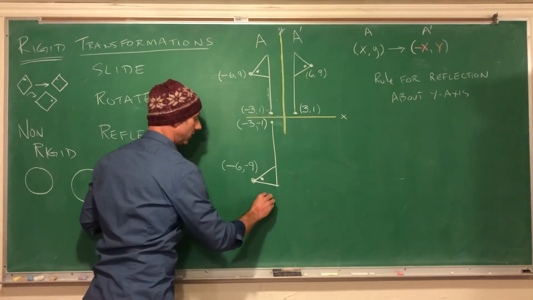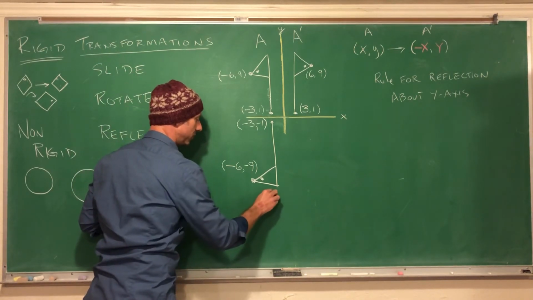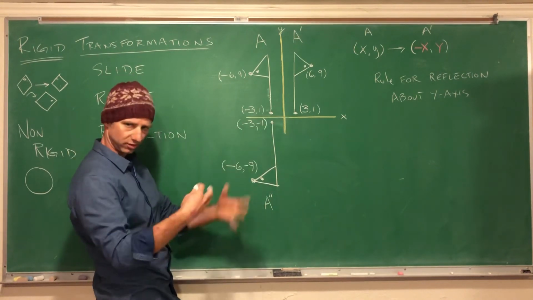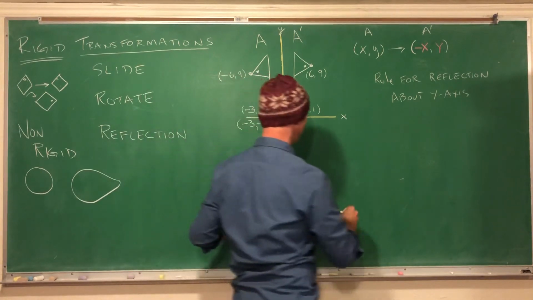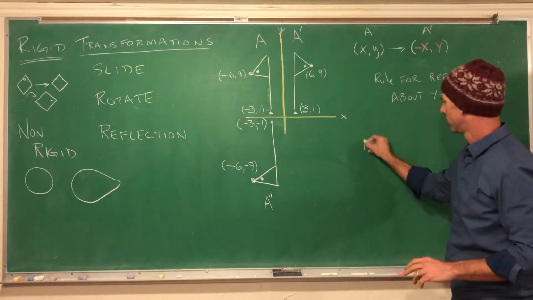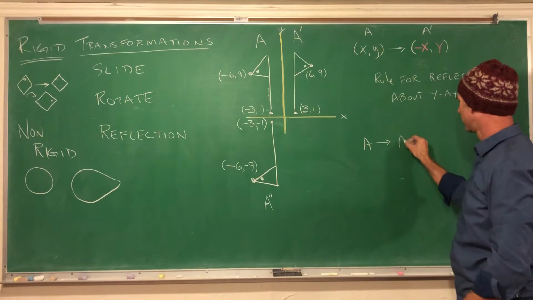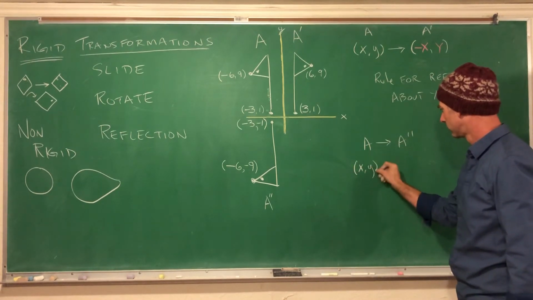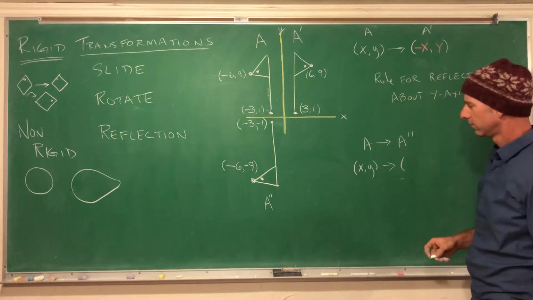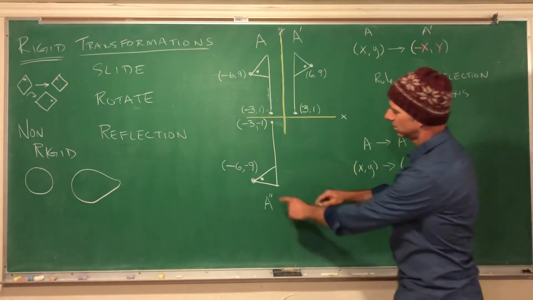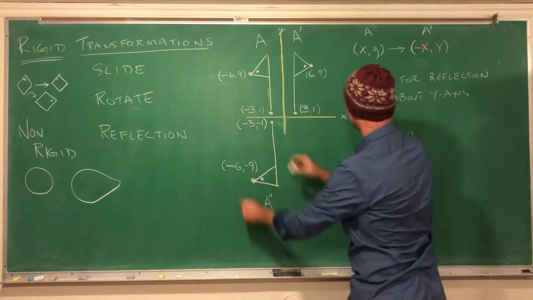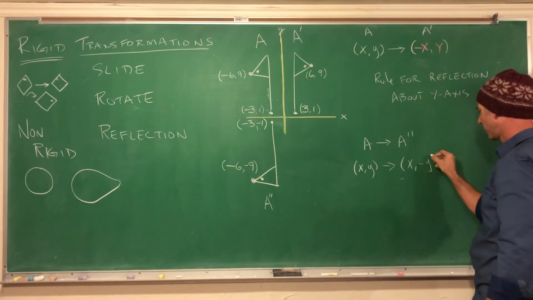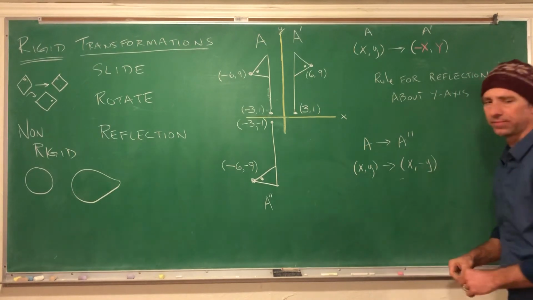Okay. By the way, we're going to call this shape the double prime. That's the first one. This is the second one, just so we can differentiate them. So A to A double prime. And in this case, the x's are remaining, but the y changed values.